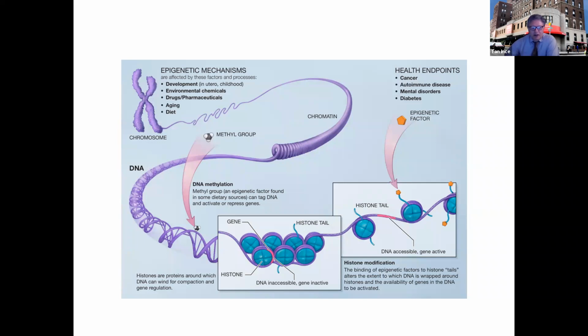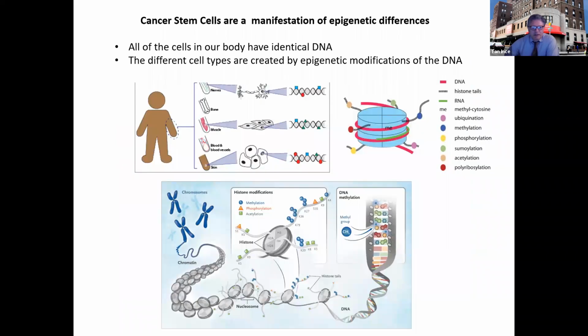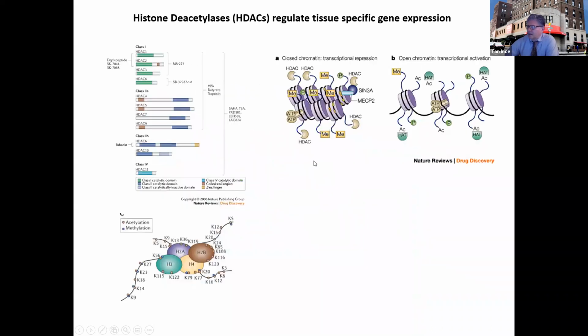And this is done around so-called histones. And this is how, even though you have identical DNA between nerves, bone, muscle, and skin, you get different cell types, because the epigenomic marks around these histones are different. That's how you get the different cells.